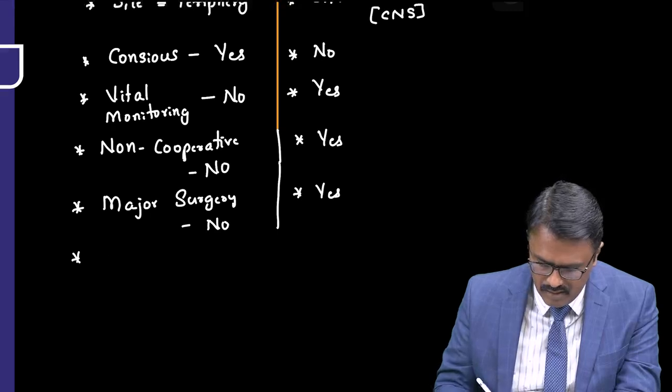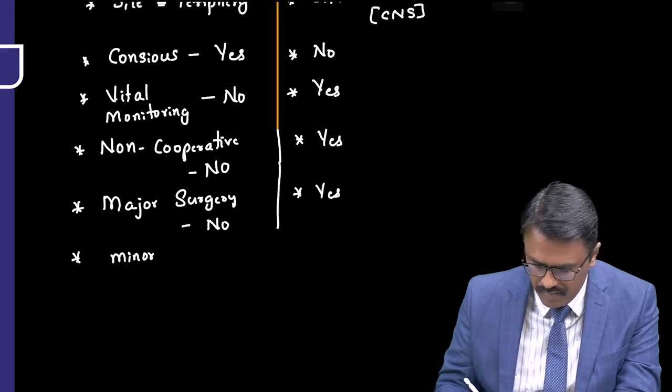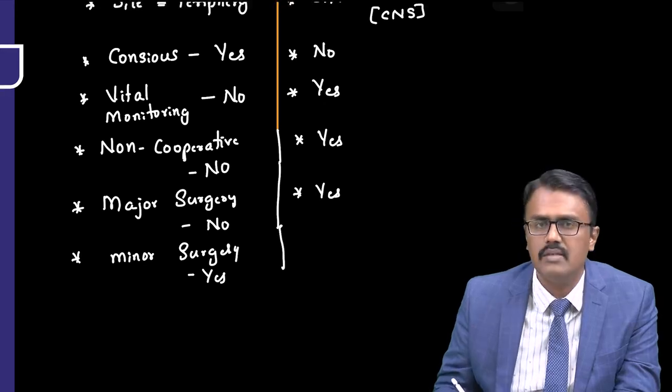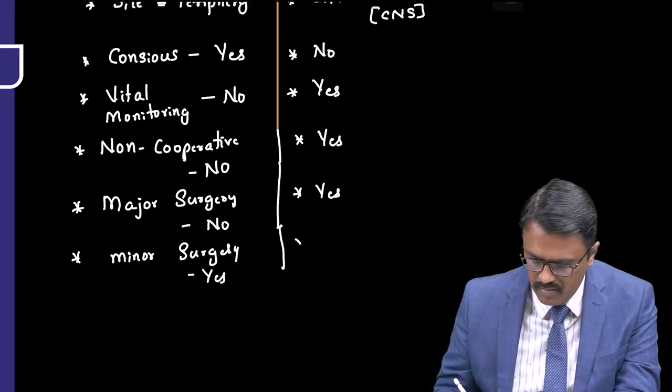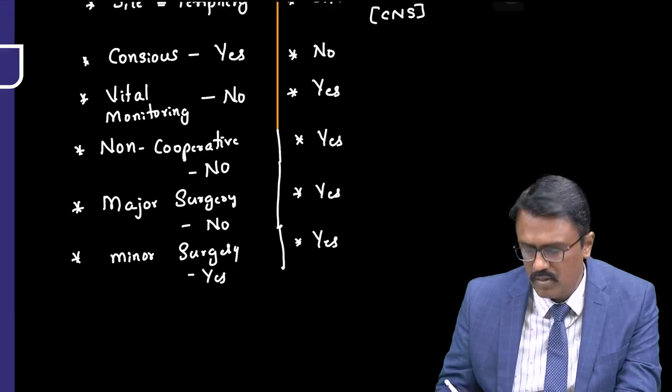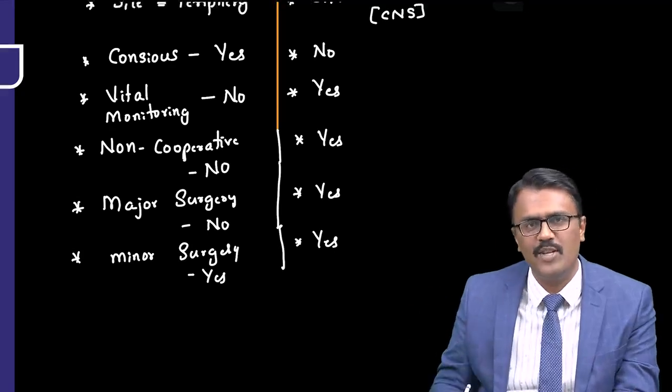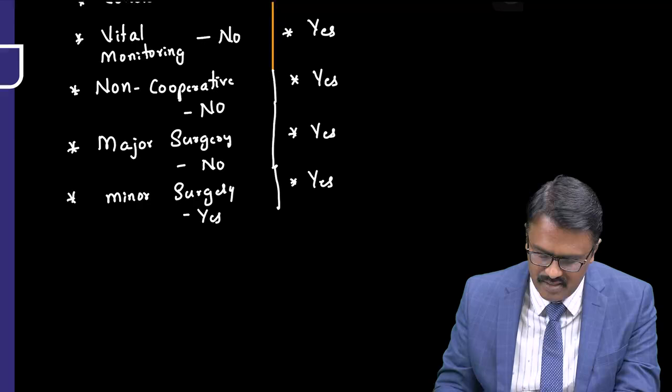Minor surgery, yes, you can do with local anesthesia. You can even do minor surgery with general anesthesia, no problem, but the preferred one is local anesthesia. For suturing and all, if you give local anesthesia, there is no need for general.